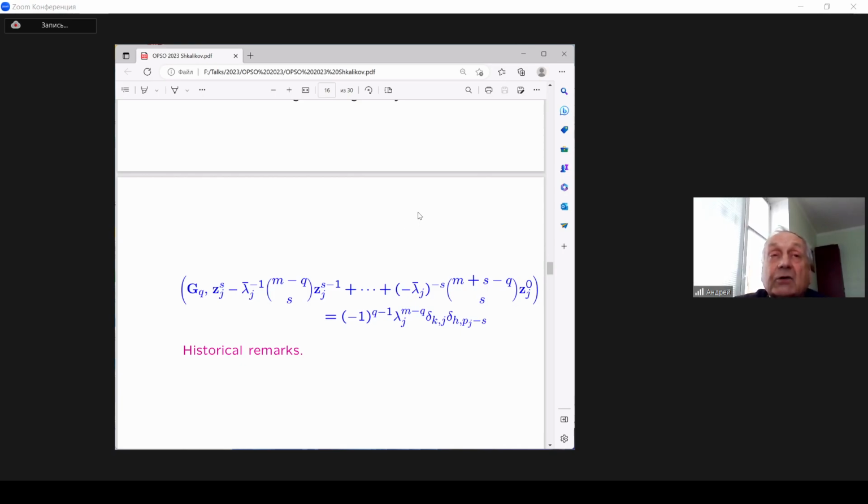The introduction of all these trace spaces was given only in a paper by myself in 1989.